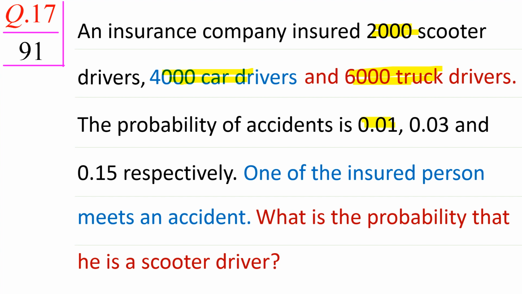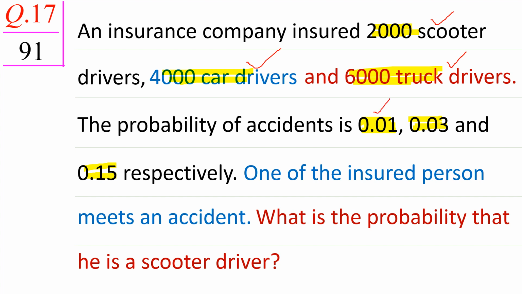0.01, this is the chance of meeting an accident by the scooter driver, and similarly 0.03 is the chance of meeting an accident by the car drivers, and similarly 0.15 means this is the chance of meeting an accident by the truck drivers.